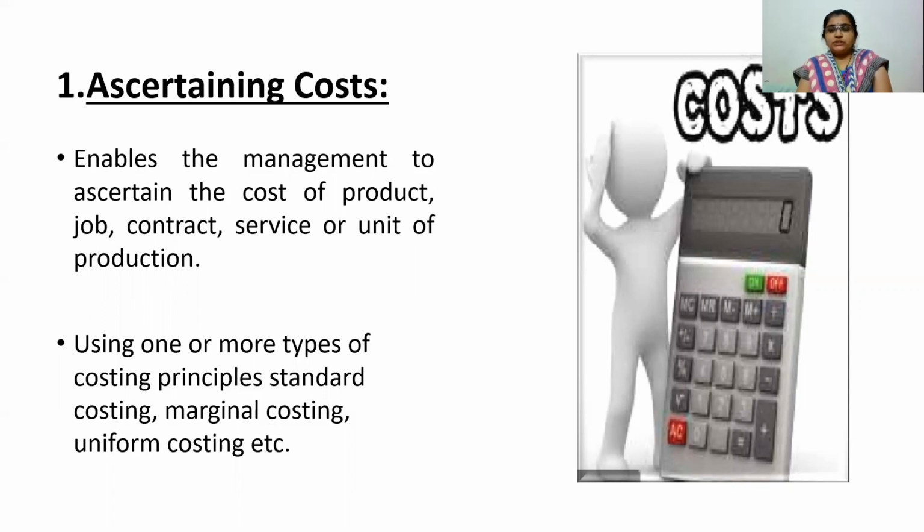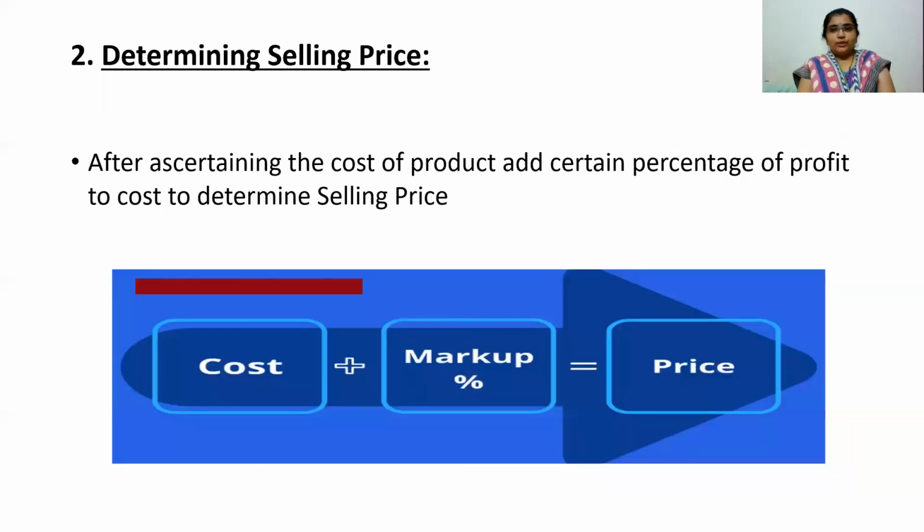With the help of a cost sheet, we are able to assess the prime cost, factory cost, cost of production, cost of goods sold, and total cost of the product, using one or more types of costing principles and standards of costing like managerial costing, uniform costing, etc. It mainly helps to ascertain what exactly the cost is that we are going to incur to produce a good or a service in the organization.